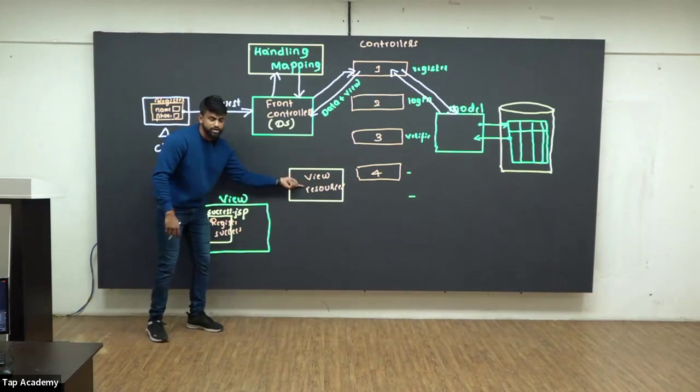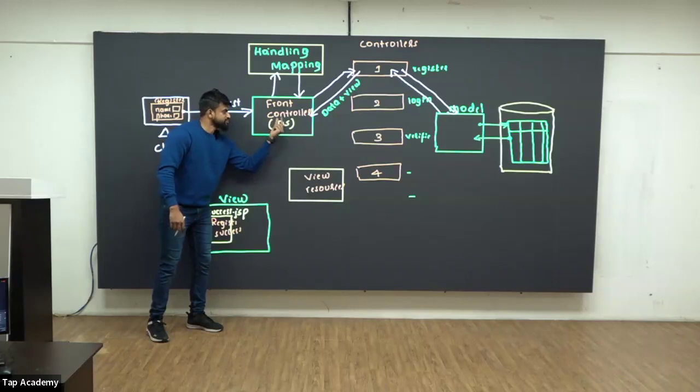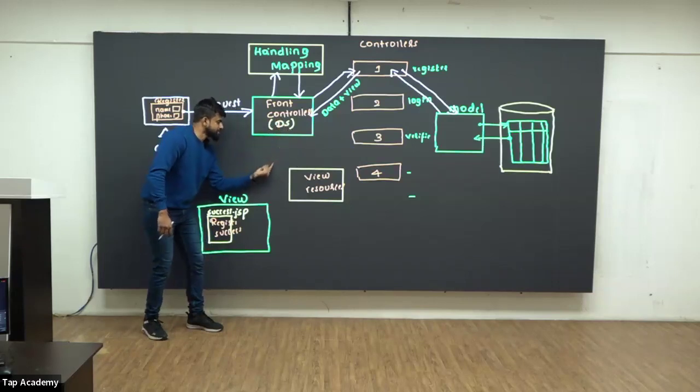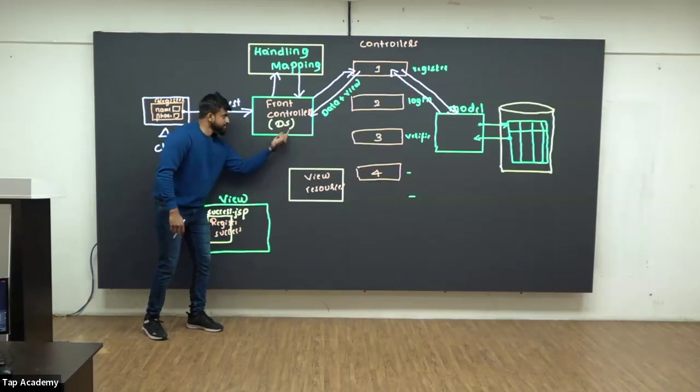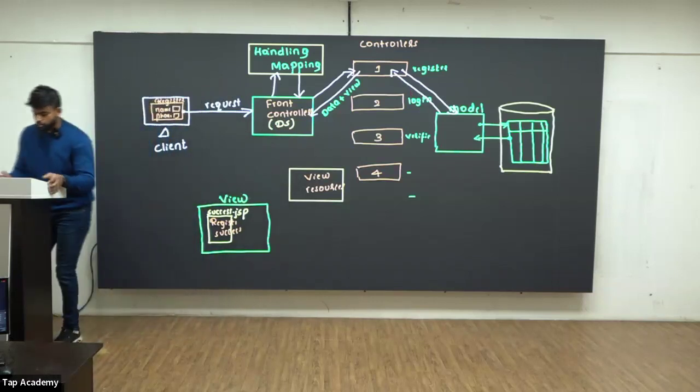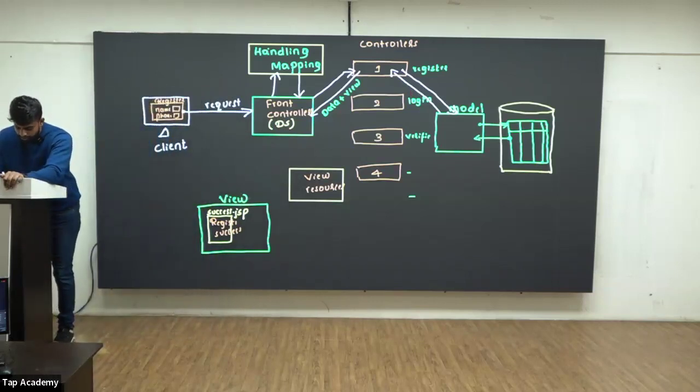Who needs that information now? Front controller. It means the front controller should not interact with him directly, because he doesn't know. Instead, this fellow should interact with whom? View resources. So now your front controller will be interacting with view resources.